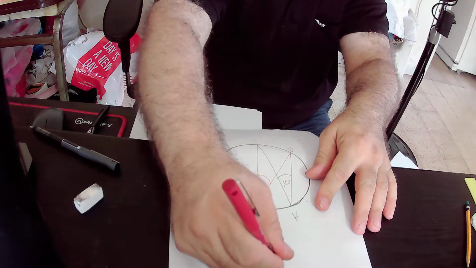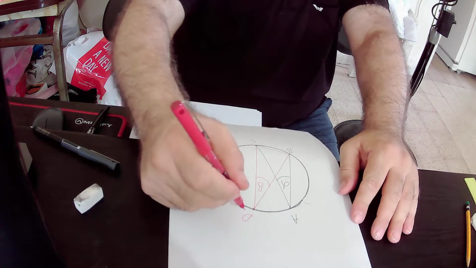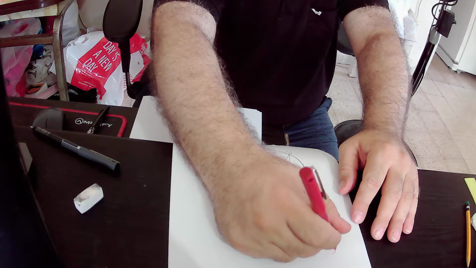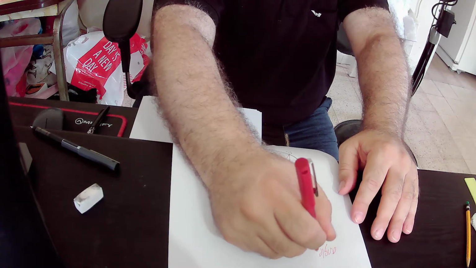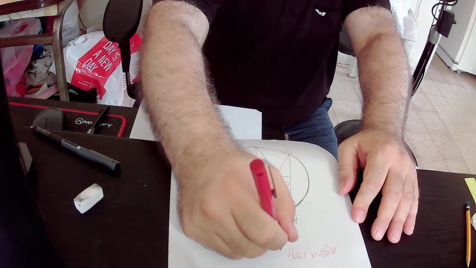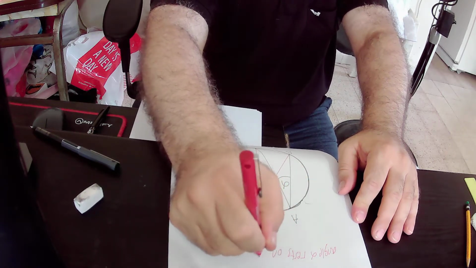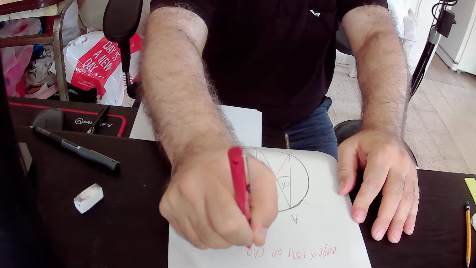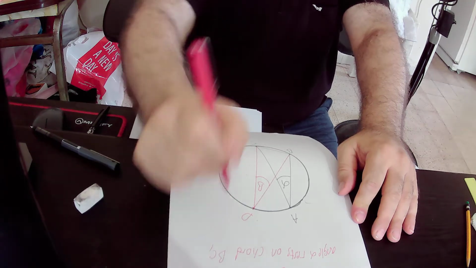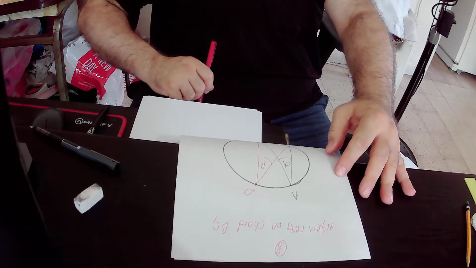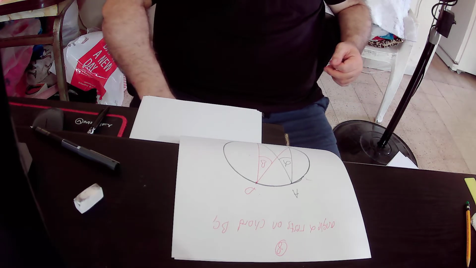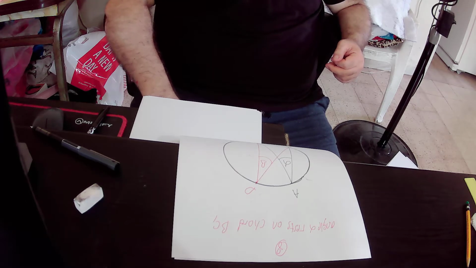Angle alpha rests on chord BC, and angle beta rests on the same chord BC.